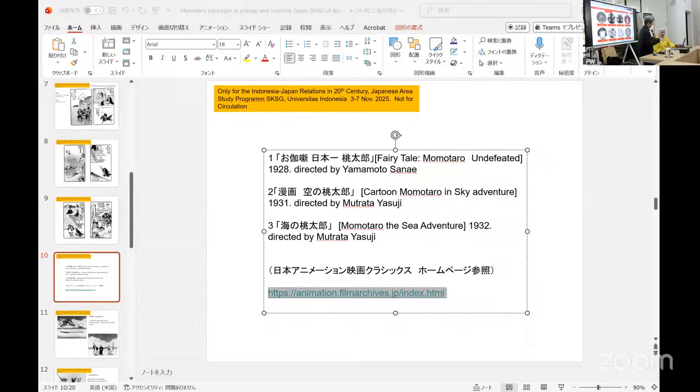Dan saya kira animation ini paling terlama yang pertama, beberapa orang sekarang sedang meneliti the origin of the Japanese animation. Saya kira, maybe I think this is the oldest animation films.